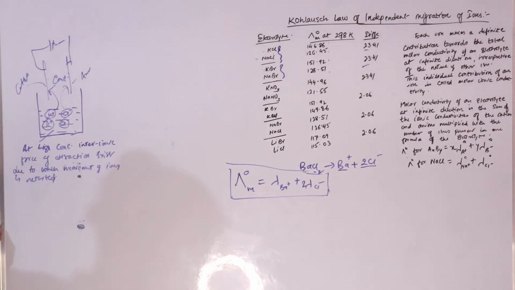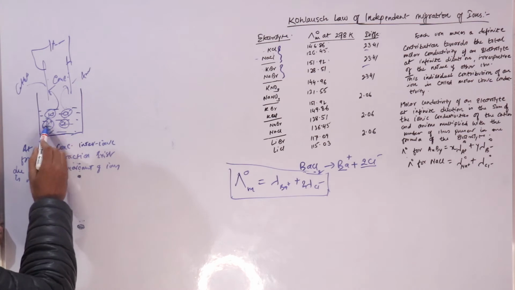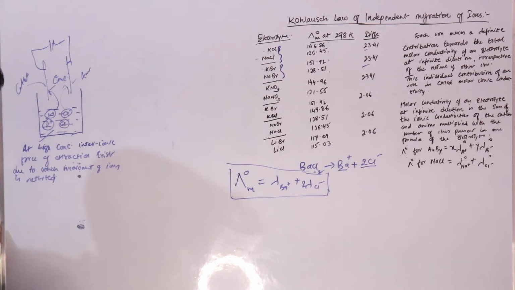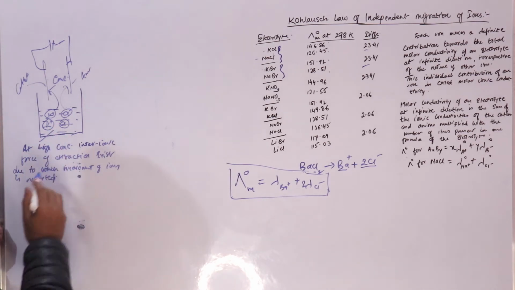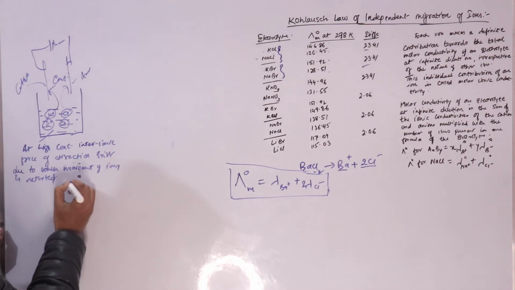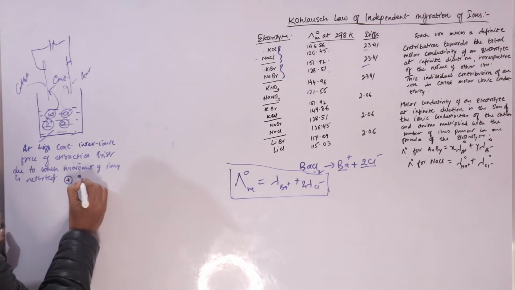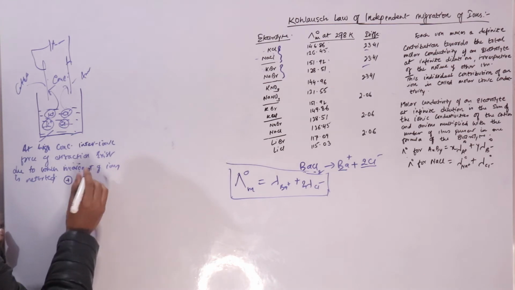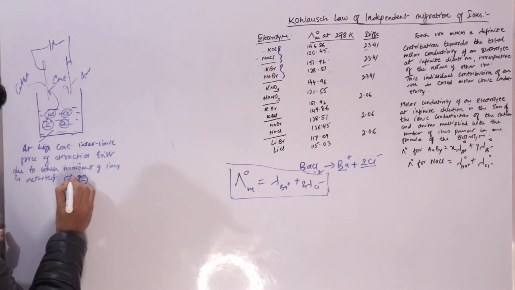And why is there interionic force of attraction? Because in concentrated solution, both these oppositely charged ions are close to one another, right? Like this. Let's make it like this. These are oppositely charged ions and there is an interionic force of attraction.